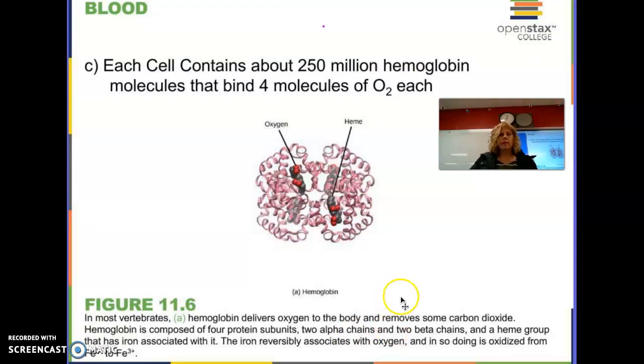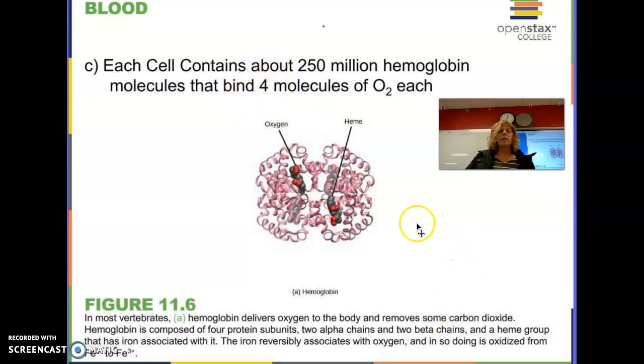So red blood cells also, and this is only red blood cells, each cell contains about 250 million hemoglobin molecules that bind to 4 molecules of diatomic oxygen, O2, each. So that's an incredible amount. Think of each cell containing 250 million, times 4.